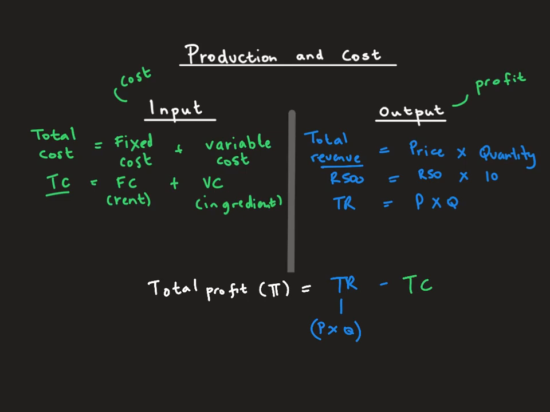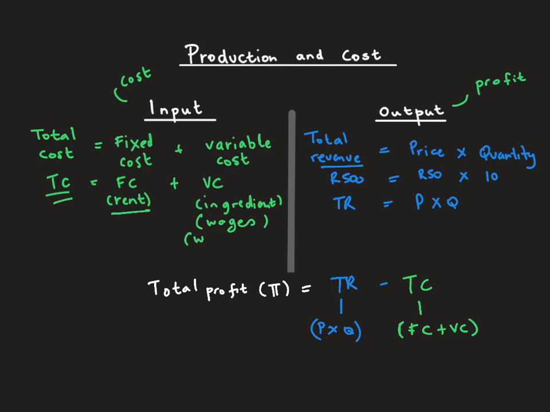And our total cost is where we have a fixed cost plus a variable cost. And that's described over here, where we have a fixed cost, which is fixed over a period of time, and variable cost is our ingredients or things like wages, because we can hire and fire people in a day, 2 days in a month. So that fluctuates over a year.